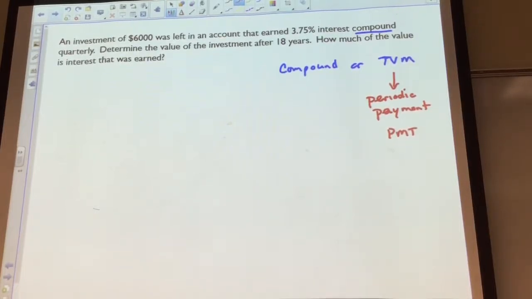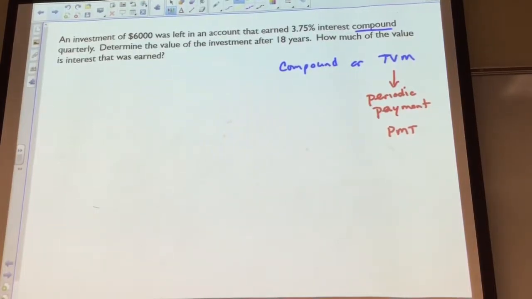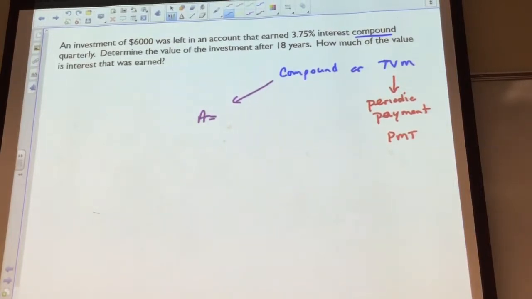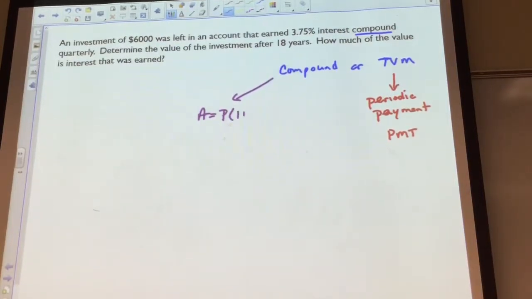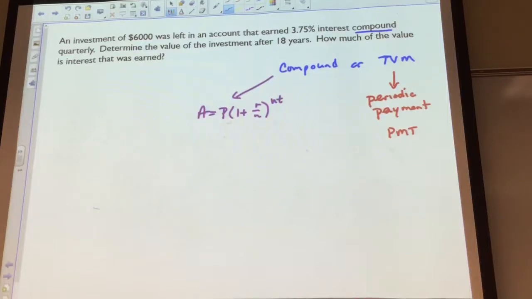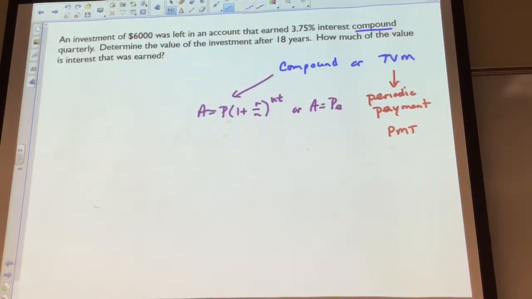So if they say compound, how do you know whether you should use this formula or whether you should use this formula? One is continuously. Which one's continuous?